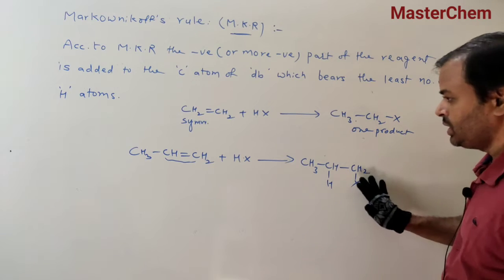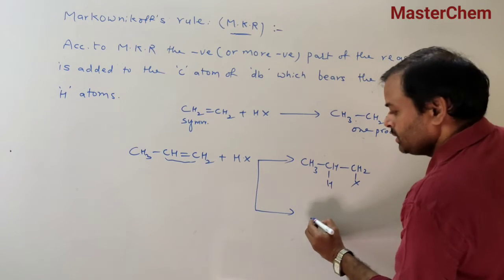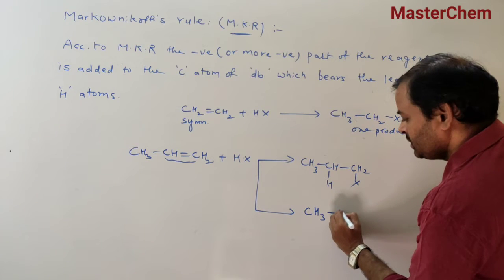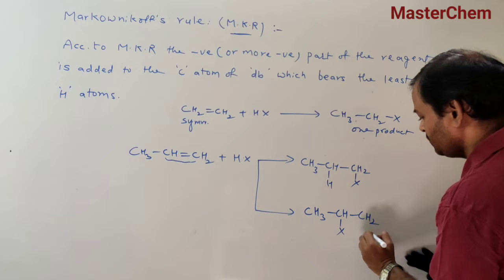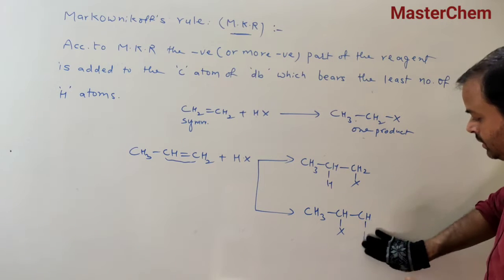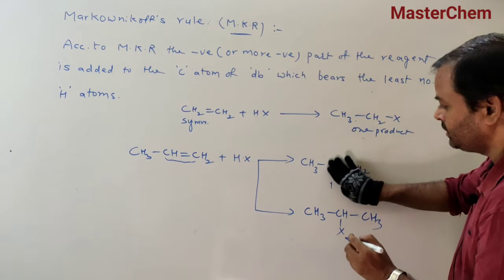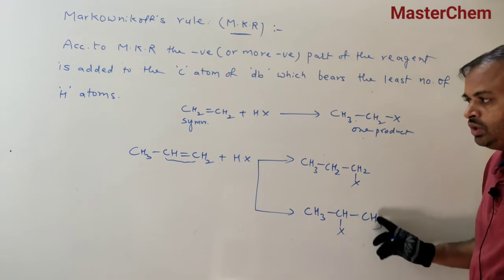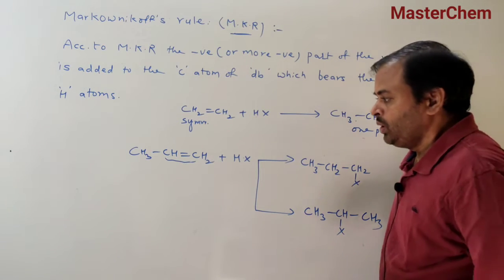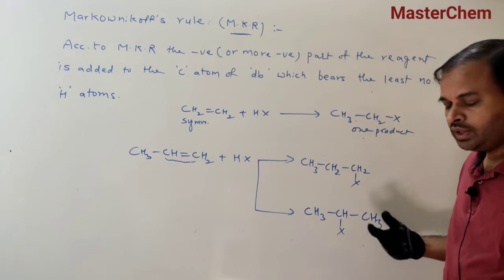CH3CH2CH2X. And the second product is CH3CHXCH3. So these two products are formed. If it is an unsymmetrical alkene, two probabilities are there.